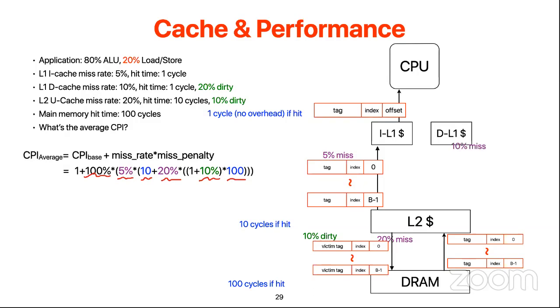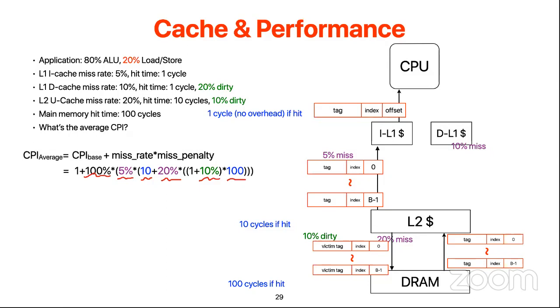And as you said, for data memory access, 20% of the instructions will access the data memory. When we access the data memory, the miss rate is about 10%. So what happens during this 10% miss? You have to go to the L2 cache. Is that good enough?